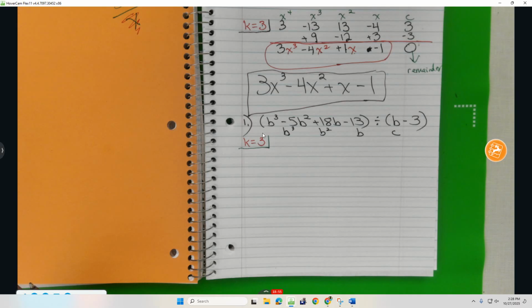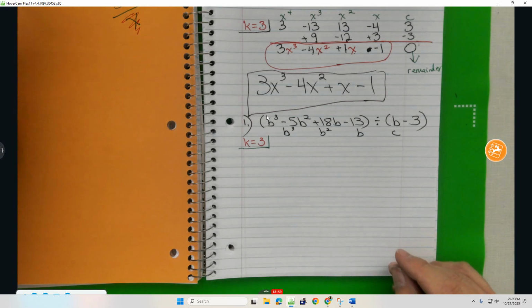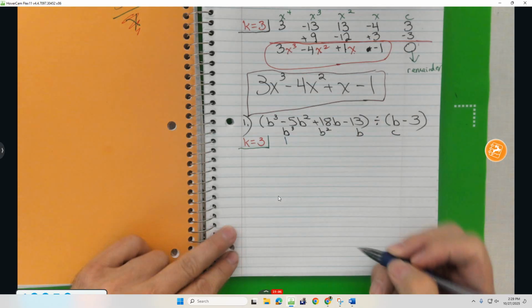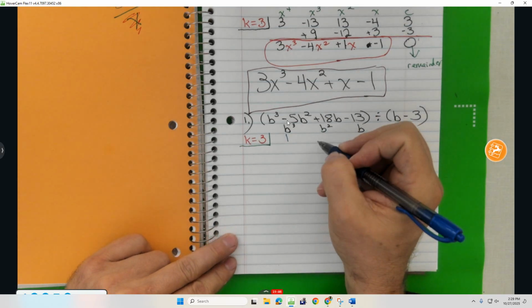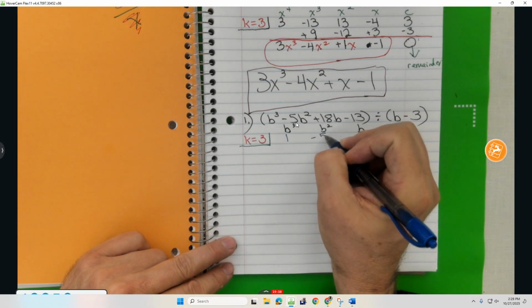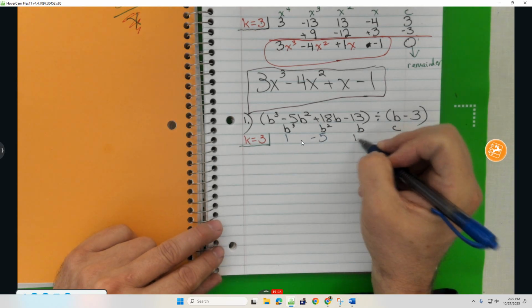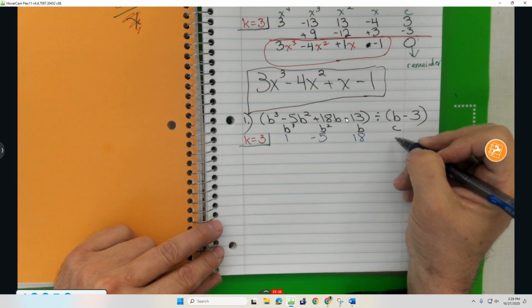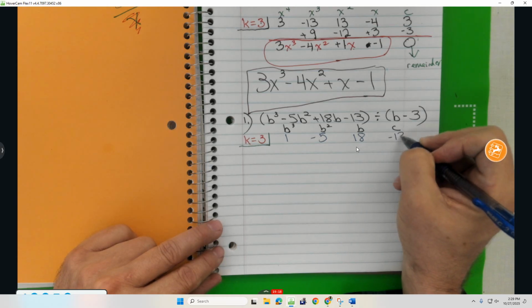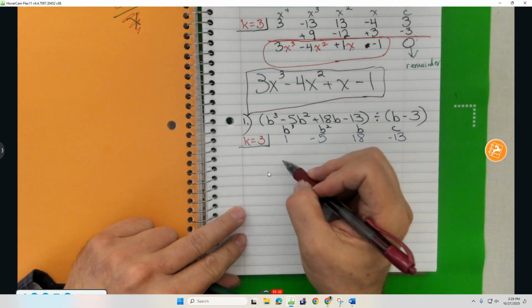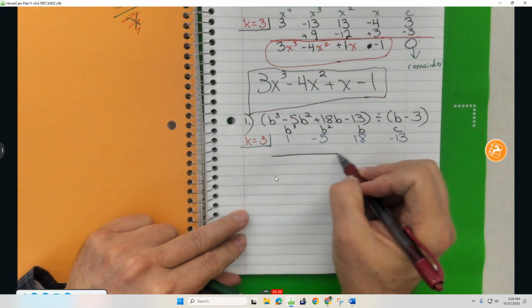What's the coefficient of b cubed? 1, I agree. I don't see anything, so it's a 1 for b cubed. For b squared? -5, I agree. b? 18. And finally, my constant? -13. Then we skip a line, skip a row, and draw a line.